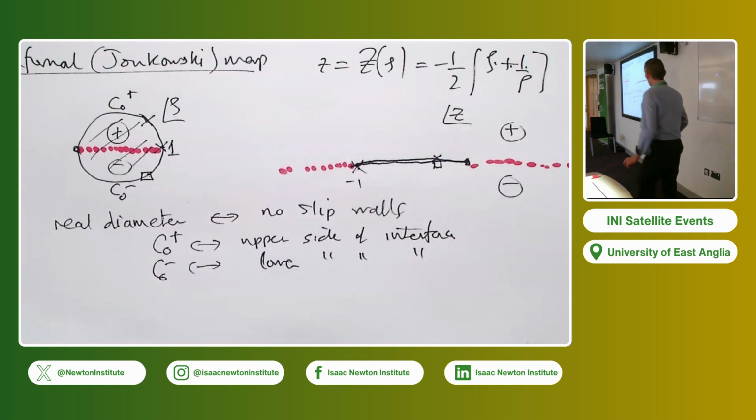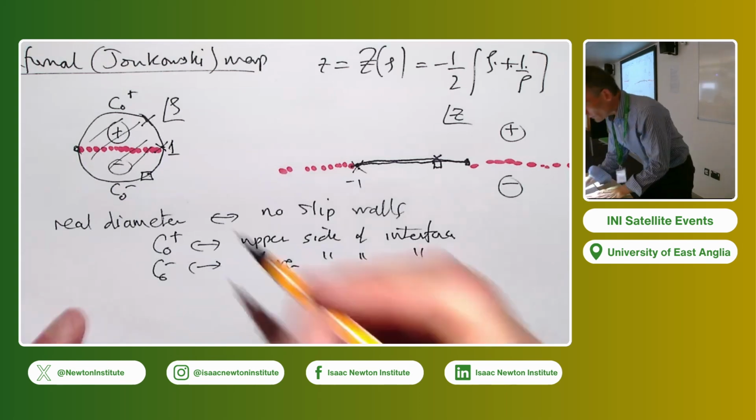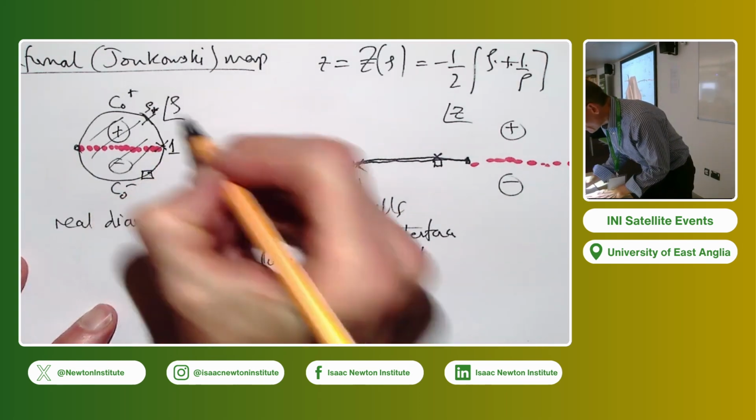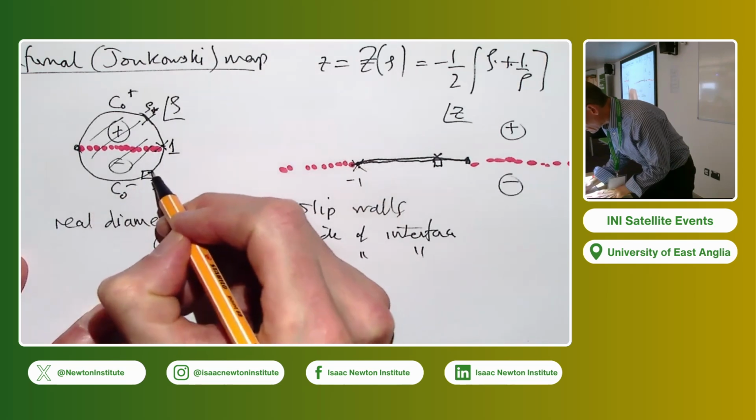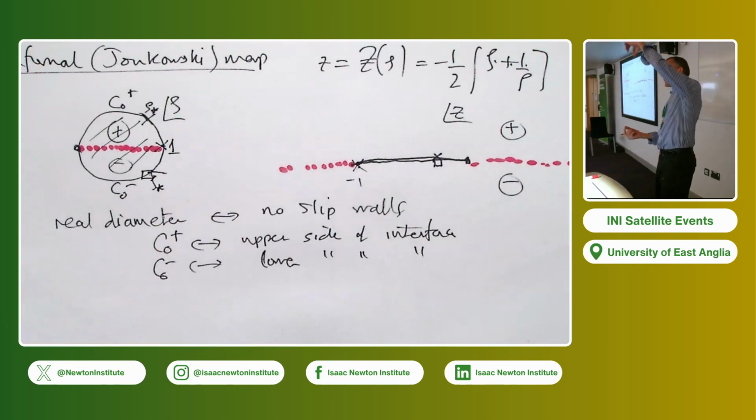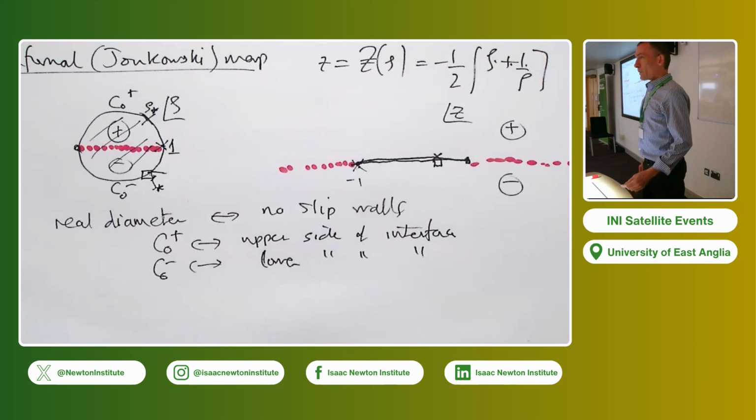What's very interesting is coming in from the two sides here, we are basically evaluating here and here, where this is actually the complex conjugate. So if this is a point, let's call it zeta star, then this is zeta star bar. So zeta star and zeta star bar on the unit circle map to the two sides of the interface, from the plus and minus phases respectively. Any questions?